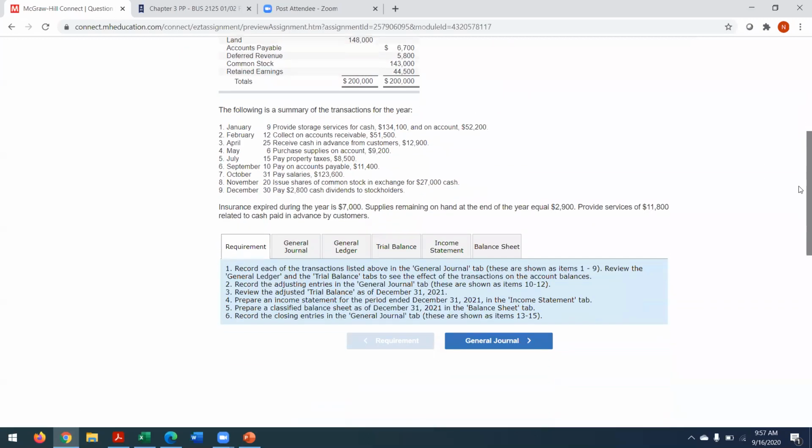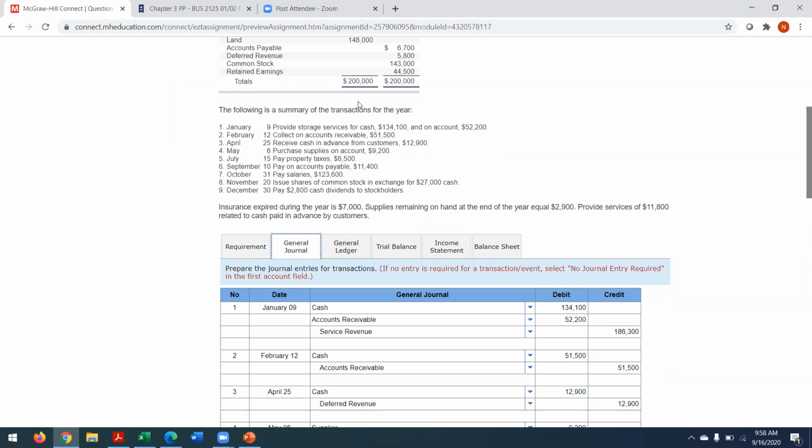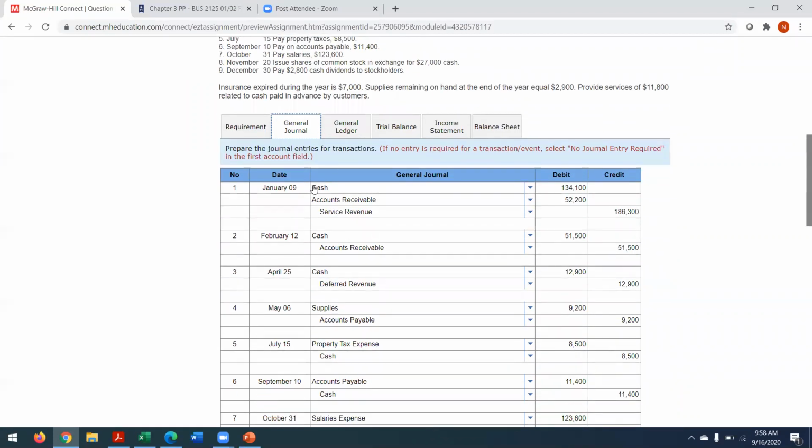So for those of you who want to look through here, we've got general journals provide storage services for cash, 134,100, and on account 52.2. UCI debited cash 134.1, debited accounts receivable 52.2, credited service revenue for 186.3. Any questions on that one?